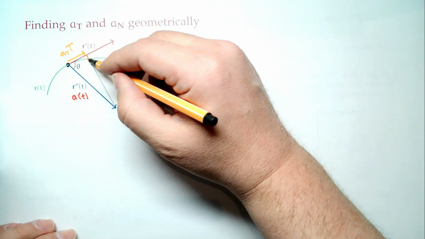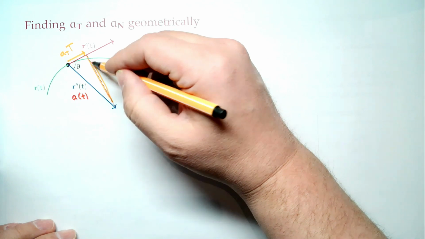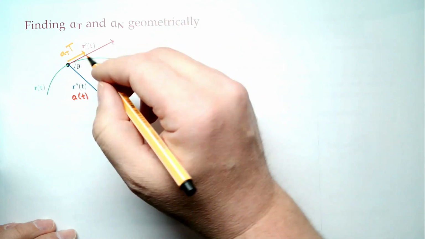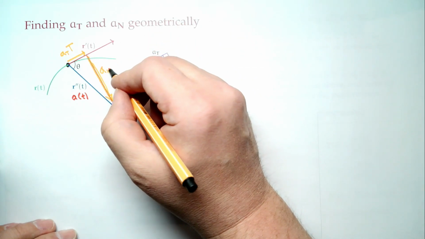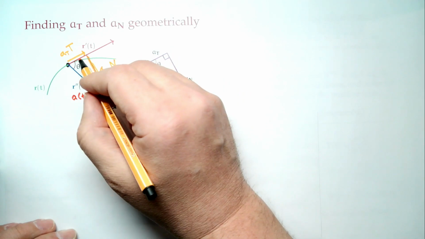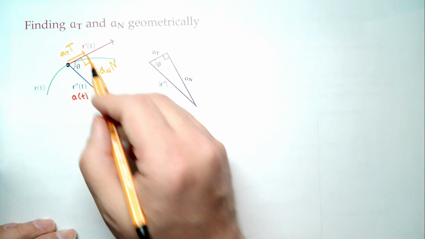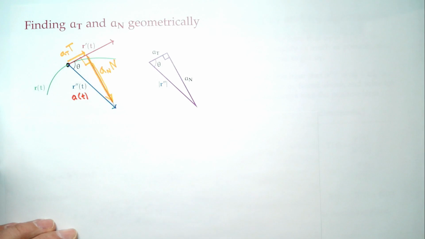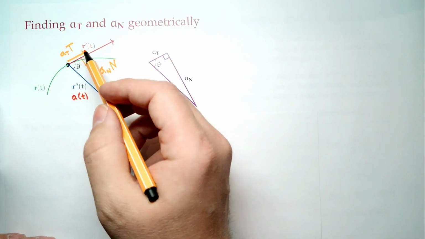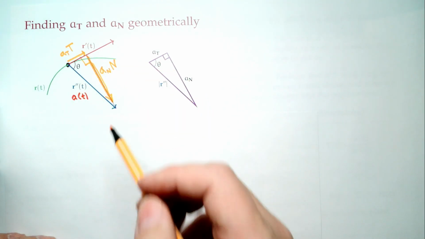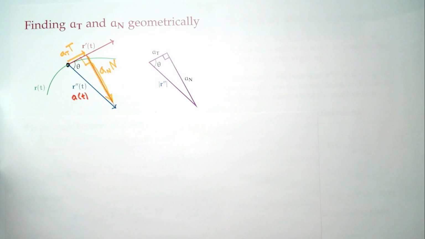Then there's this second part that comes along here. And this part, this is your a sub n, capital N. And you'll notice that if I add these two together, it's the same as the original acceleration. So that's what we mean by decomposing. There's one part that's with motion, one part that's perpendicular to motion. Okay, that's not so bad.